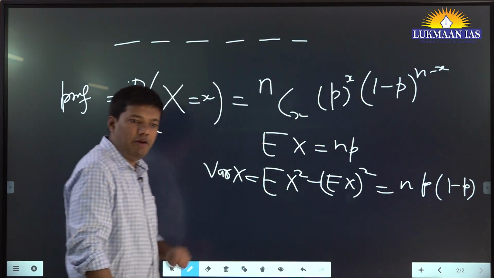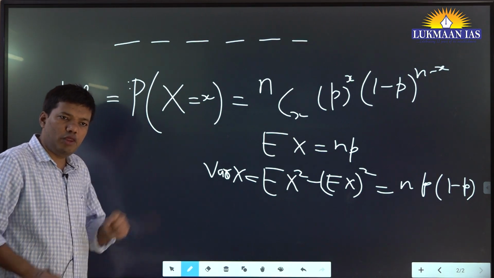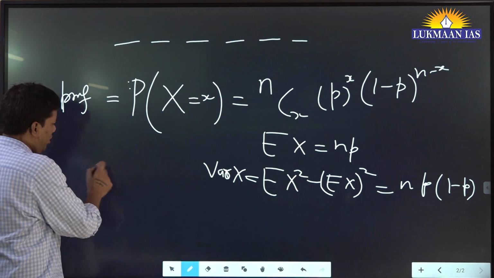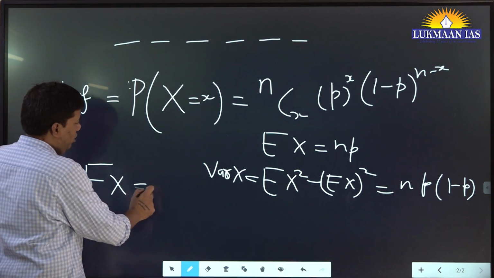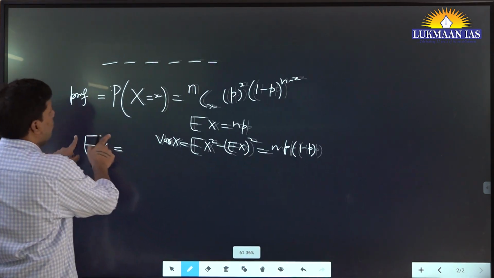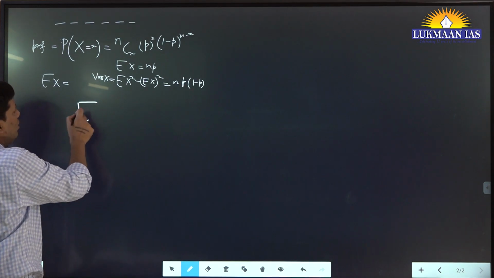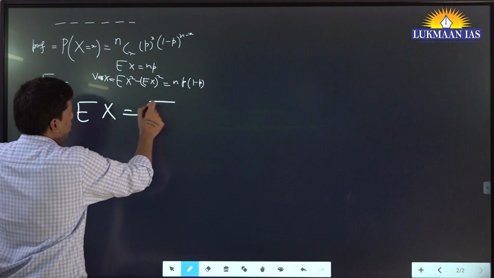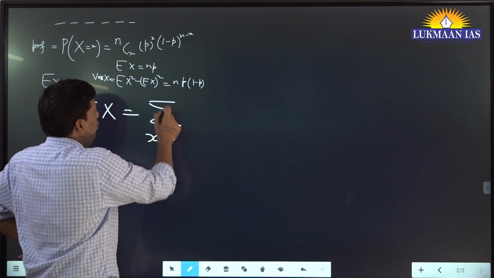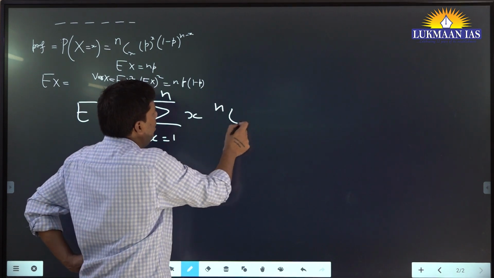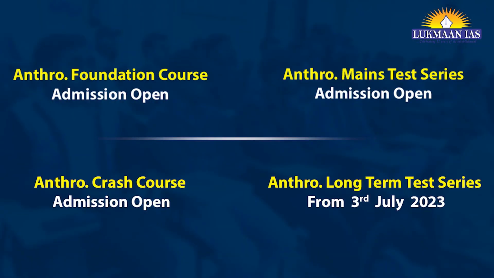Okay. Derivation also we saw. We saw the UPSC question as well, right? And what did we do in derivation? Expected value of x is equal to summation of x from 1 to n, x into PMF. PMF is nCx p to the power x (1 minus p) to the power n minus x.